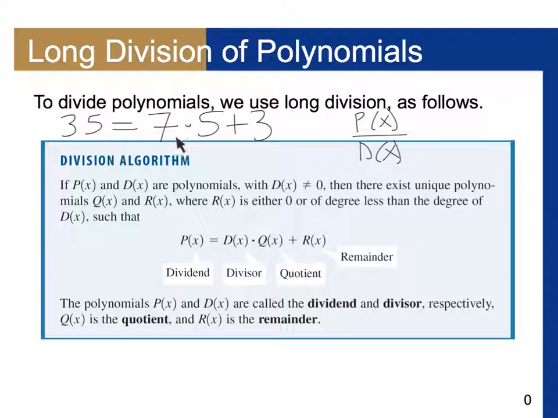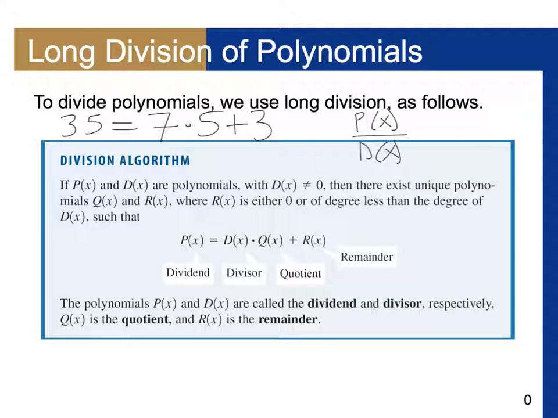So this is like the factored part, d of x q of x, divisor times quotient, and then the remainder is the part that's left over. What we're doing is taking p of x, the dividend, divided by d of x, the divisor. So we can write it in this form.